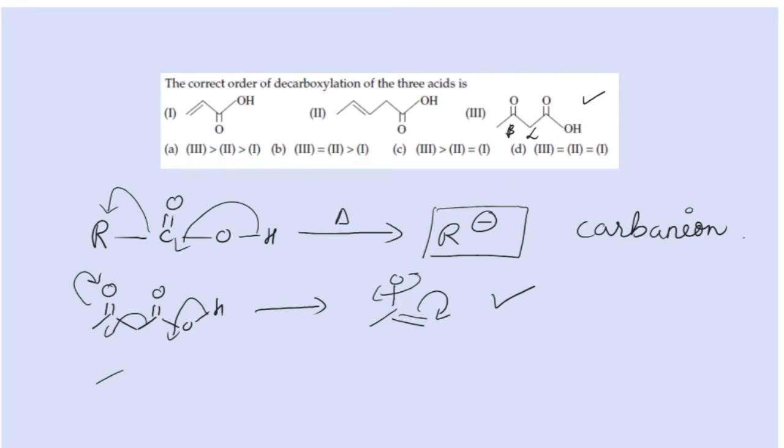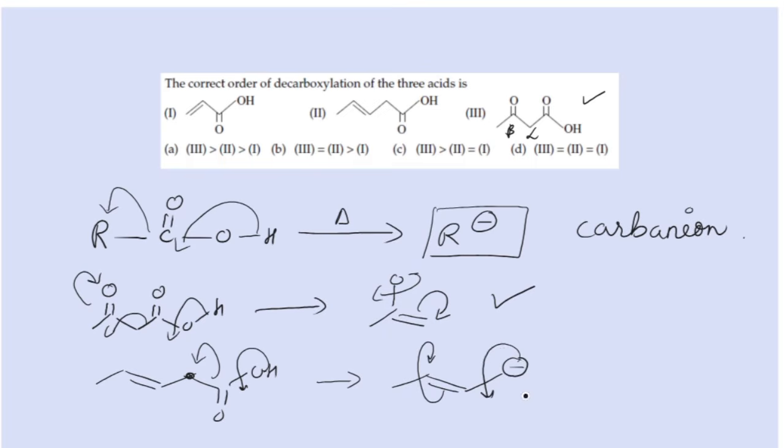Similarly, let's check for the second molecule. The second molecule is also having some additional factor which can stabilize this carbanion. What is it? There is a double bond. When this undergoes decarboxylation, you can see that it is forming an allylic carbanion. Allylic carbanion can undergo resonance. That means the corresponding carboxylic acid can undergo decarboxylation.